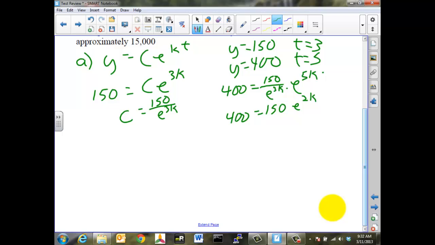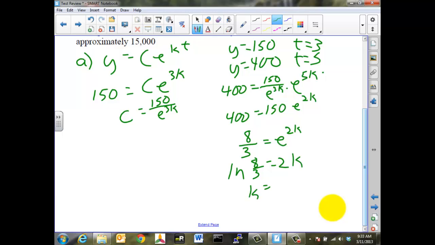All right, so now if I divide by 150, the zeros go away and 5 will go into 8 and 5 will go into 3. So I get 8/3 equals e to the 2k. Ln of 8/3 equals 2k.